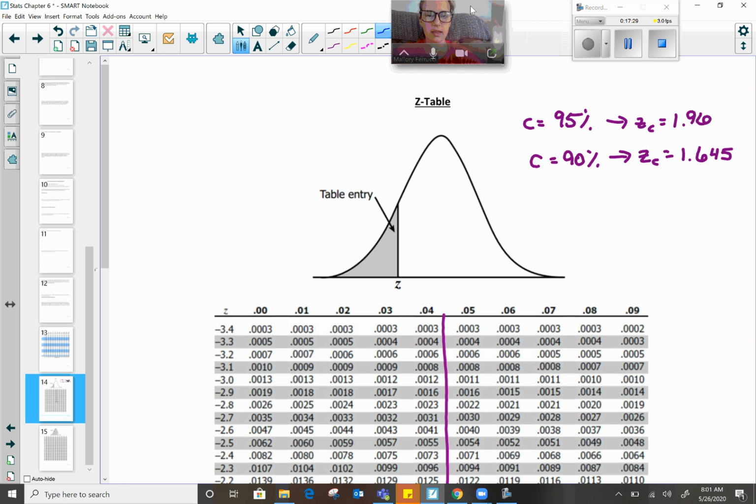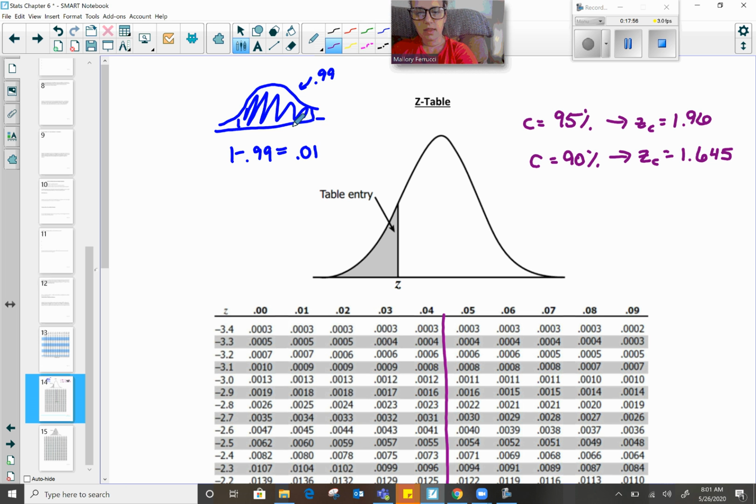So for the 99%, that's saying that from here to here, all in here, that's an area of 0.99. So we're going to do 1 minus 0.99, which is 0.01.